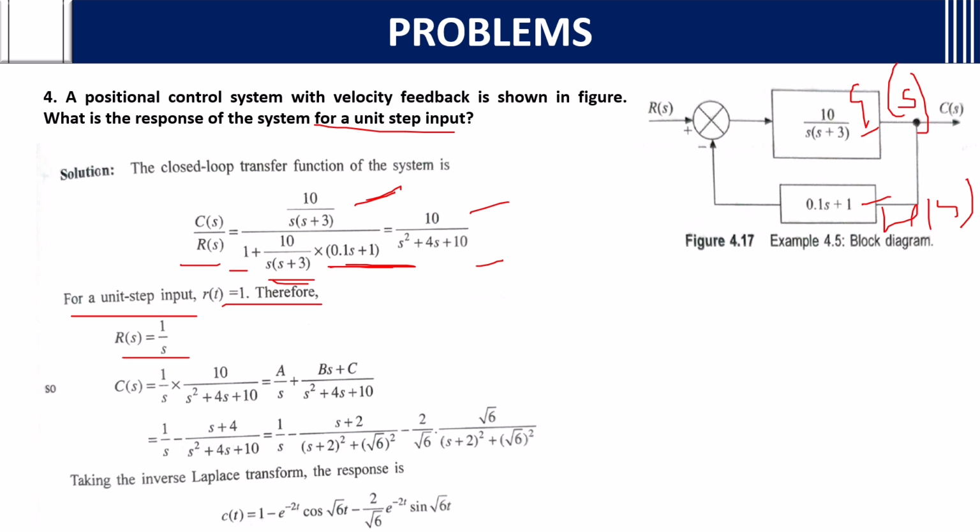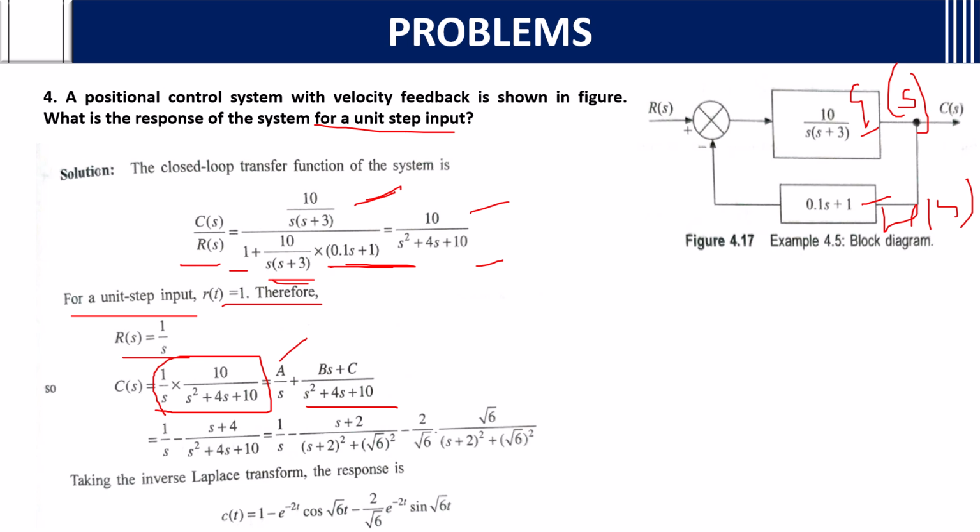If you see here, you can do partial fractions here. How? A by s plus (bs plus c) by (s square plus 4s plus 10). You can write this based on the mathematics. So if the equation is in this way, then you can write A by s plus (bs plus c) by (s square plus 4s plus 10).